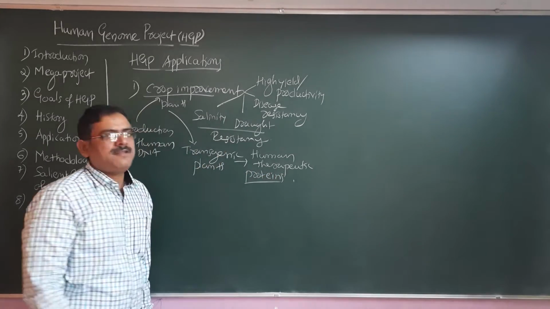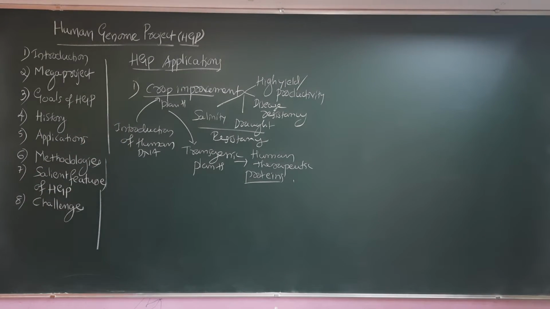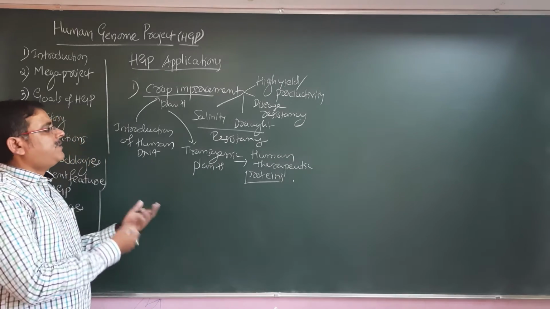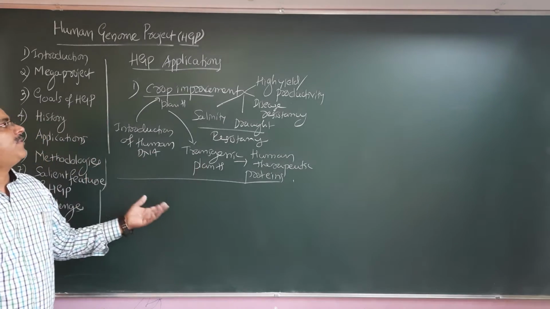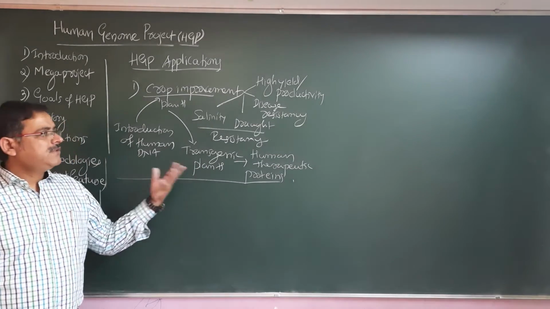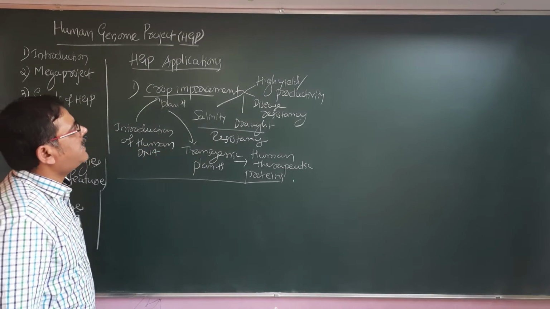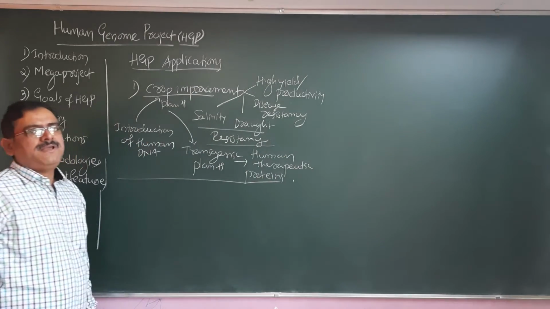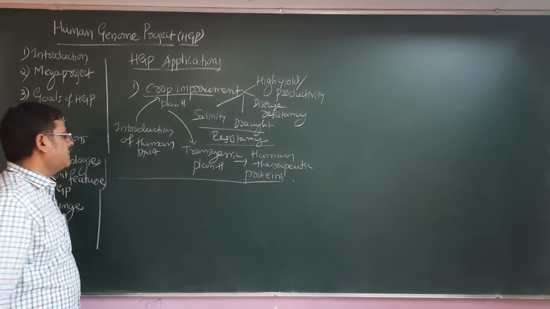Even vaccines can be produced, so that a watermelon, cucumber, carrot or brinjal can have the vaccines or therapeutic medicines. So no need to keep on taking medicines. Eat these kinds of modified vegetables or fruits and you will get the medicine. So crop improvement, either by high yield or productivity, disease resistance, salinity and drought resistance, or improved therapeutic protein content. This is the first application.